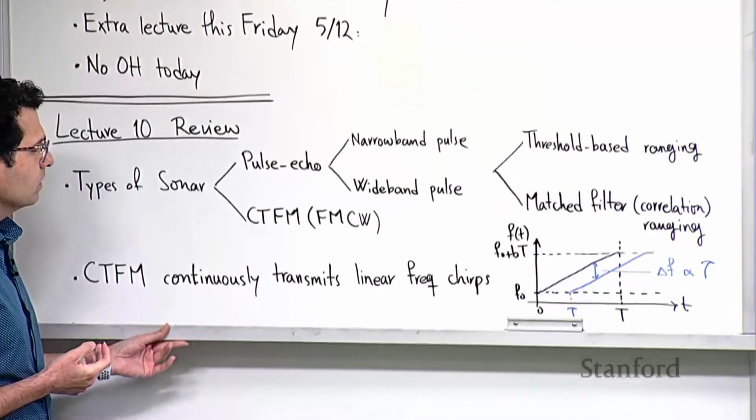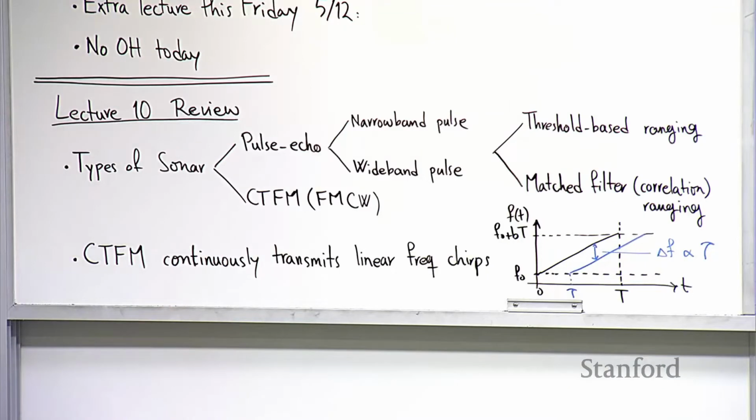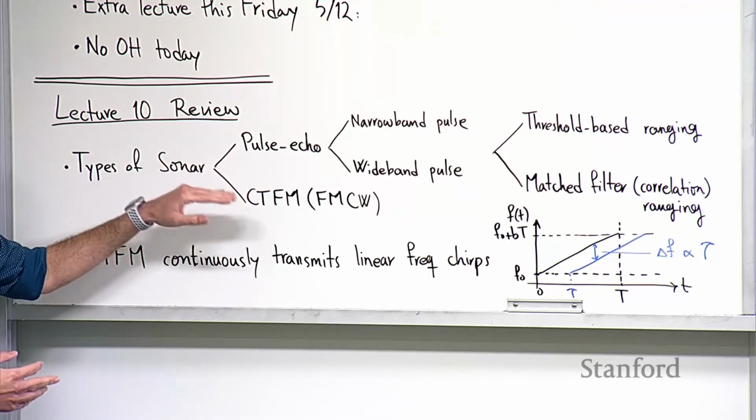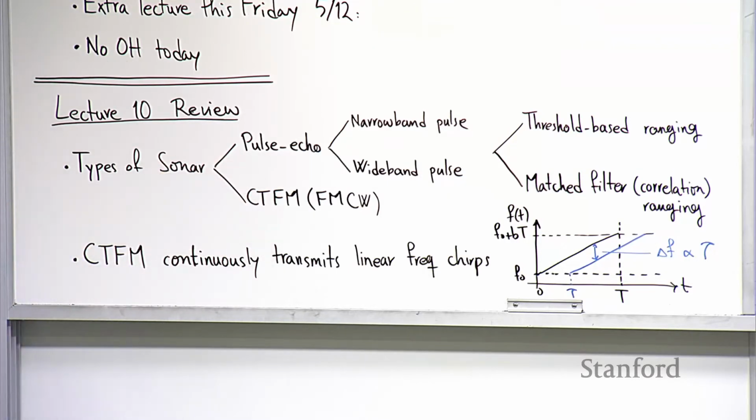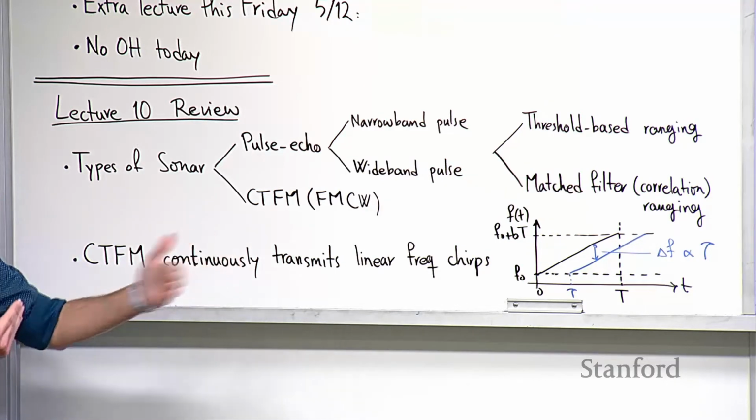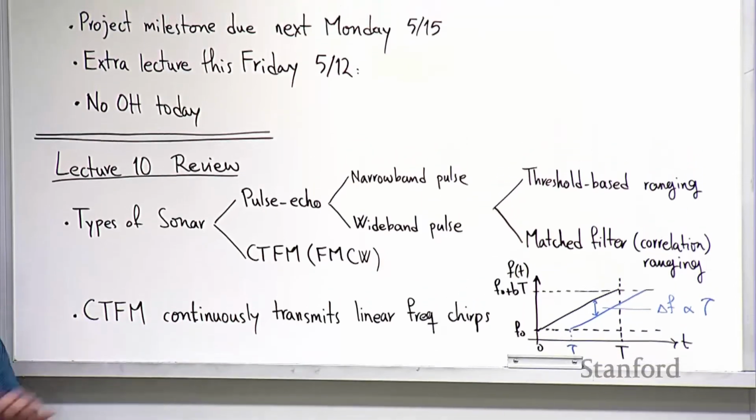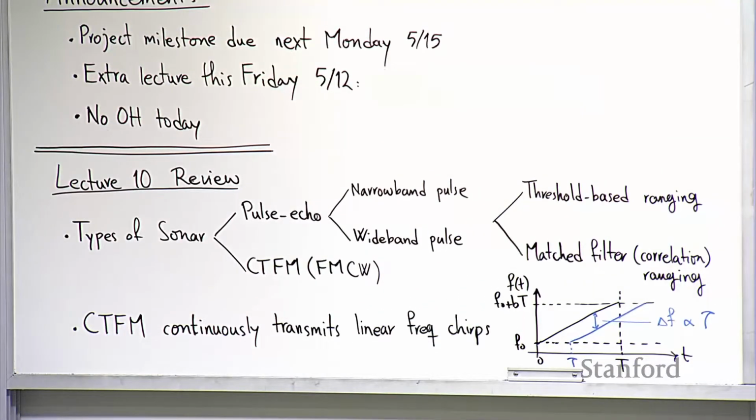So starting with what type of waveforms these systems use for sensing, the breakdown is pretty clear. Either your system sends short pulses, and there's a silent time between two consecutive pulses, and during that time it is listening for the echoes from the environment.